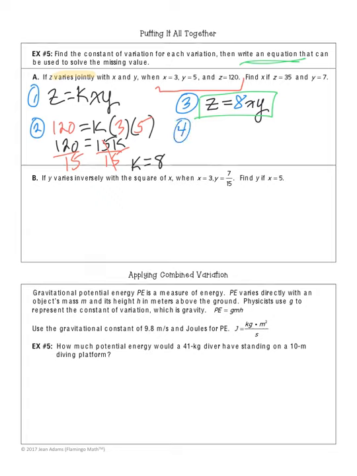So then the fourth part is we're going to use this equation right here and plug in our partial values and find the one that's missing. So I know that my z is 35. And so that equals 8 times, I don't know my x, but my y is 7. So I get 35 is equal to 8 times 7 is 56, x, then divide by 56.